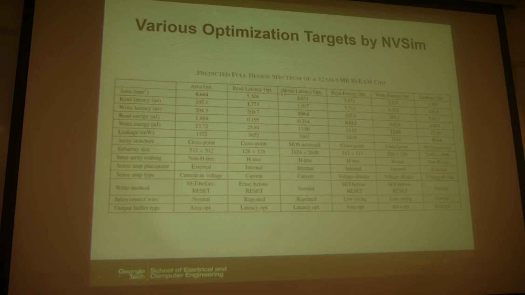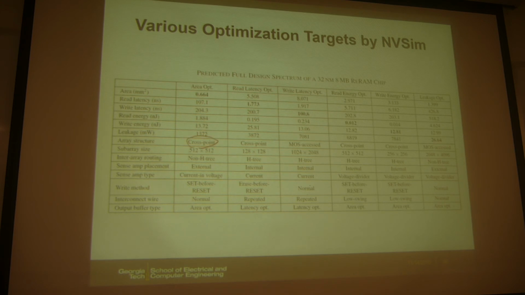So here, for example, this is to optimize for different targets. If you want to optimize for the area, you can get the smallest area as this number for this 8 megabyte RAM. And then if you want to achieve that, your latency may be long. And if you want to achieve that, this is the option you need to use. You need to use cross-point array.